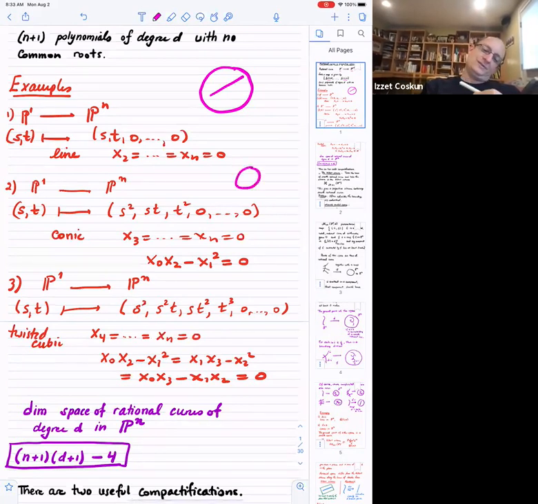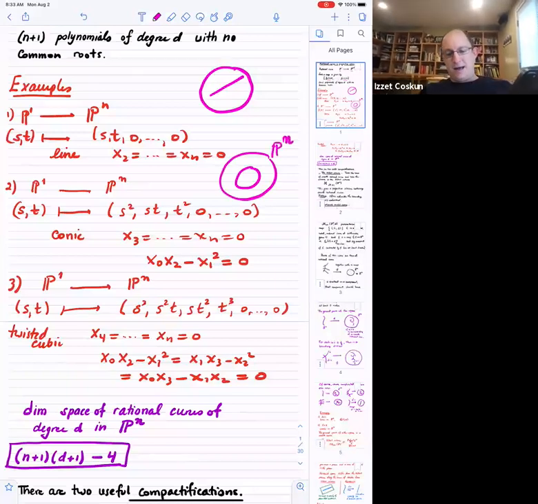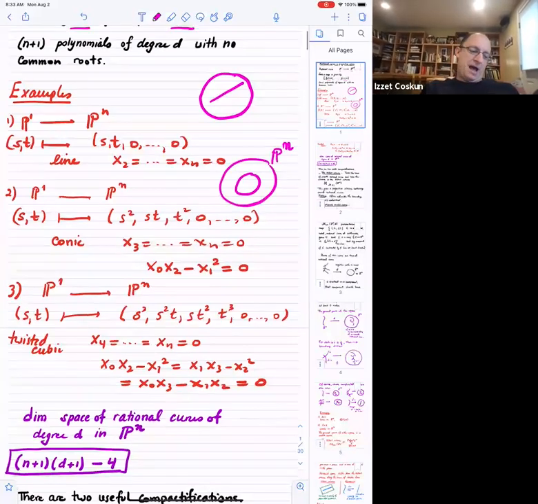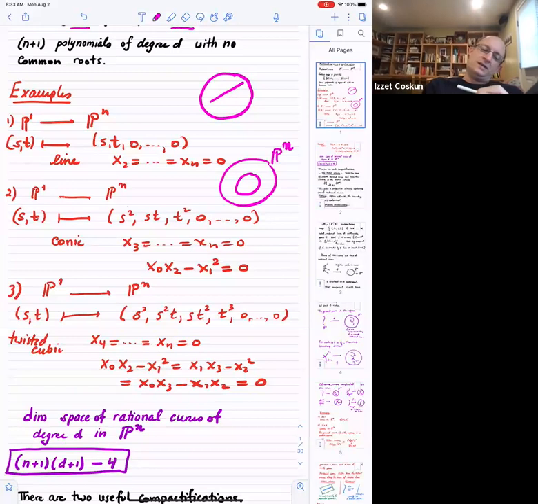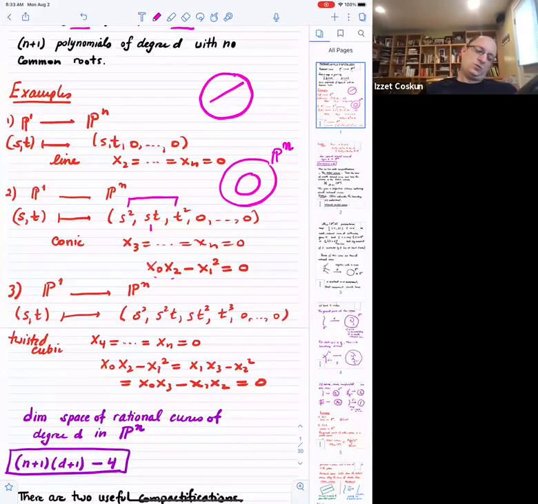A conic in projective space. The way you can think about that, again, is as a map from your s,t coordinates to, for instance, (s^2, st, t^2). Then, of course, this satisfies the conditions that x3 through xn are 0, and this times this is the square, so x0 times x2 is x1 squared.